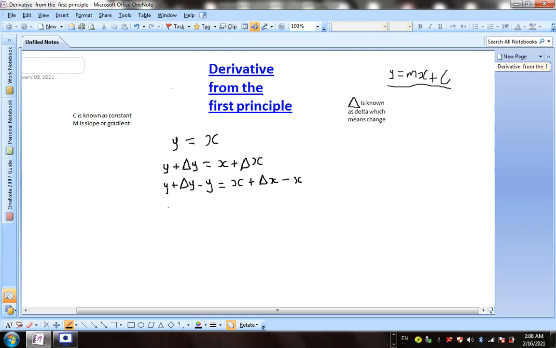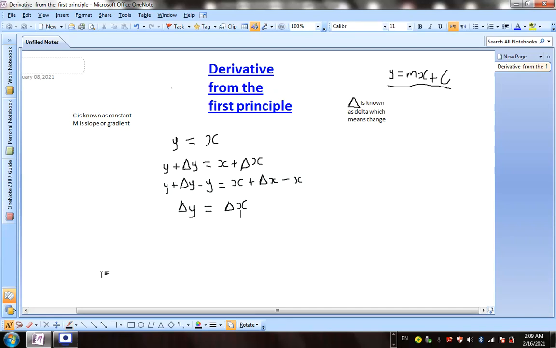Now, the reason why I did it this way, we are going to subtract the real function from both sides. So at the left hand side, you subtract y, and at the right hand side, we subtract x, because we are looking at the change in y and also in x. So y minus y is equal to 0, so we are left with dy in the left hand side, and also at the right hand side, x minus x is 0. So we are left with dx here.